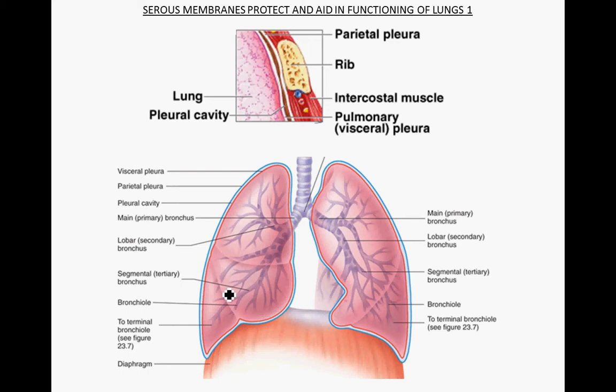On the outside surface of the lung, there are serous membranes that protect and aid in the functioning of the lungs. So what I want to call your attention to first is that these serous membranes are epithelial in nature. They are not open to the outside world.